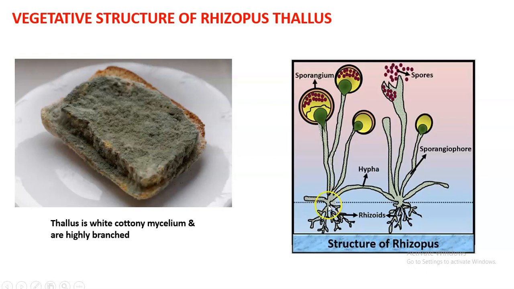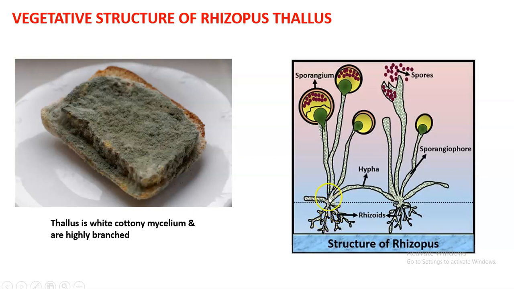One type of thallus will grow underground, forming rhizoids, which are root-like structures present on the fungal body. Then there will be prostrate thallus called stolons, from which there will be growth of erect branches called sporangiophores. The sporangiophores at their tip form the sporangia, which are the reproductive structures. You can see that the sporangiophore is formed at the junctions where rhizoids are formed.